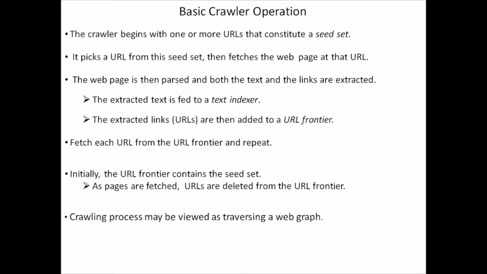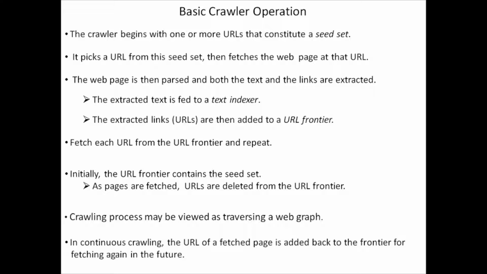In a web graph, each of these web pages is represented as a node, and the links from one web page to another are represented using edges. So in the basic crawler operation, first of all we fetch one web page, and from that web page we move to the next web page, and from that we go to the next web page. So this is just like traversing a web graph.